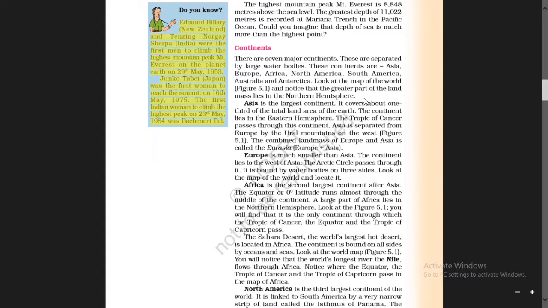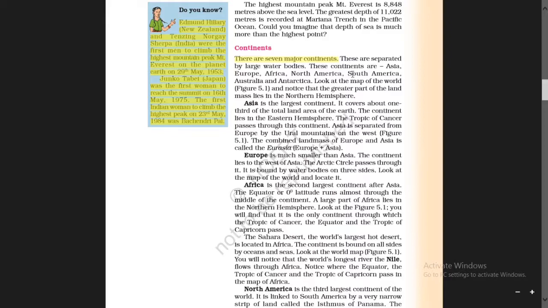So the maximum part of the land mass lies in the northern hemisphere. If anybody asks you how many continents there are, you have to say there are seven continents in all. What is a continent?